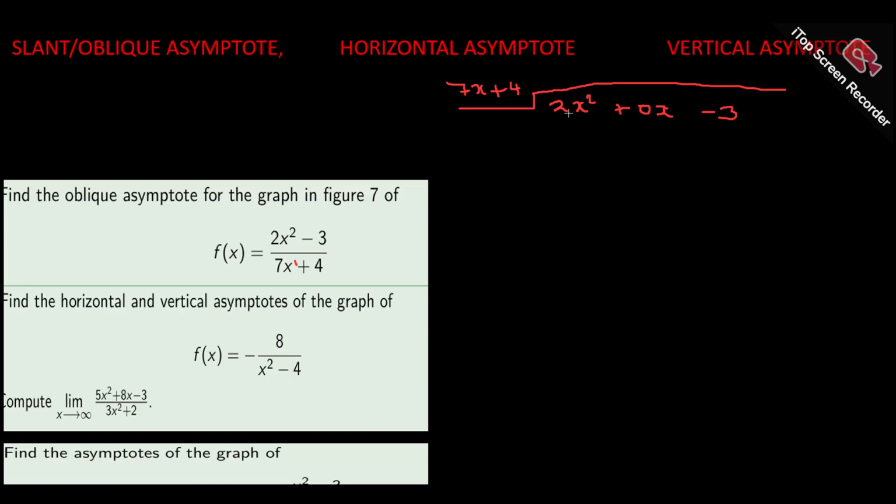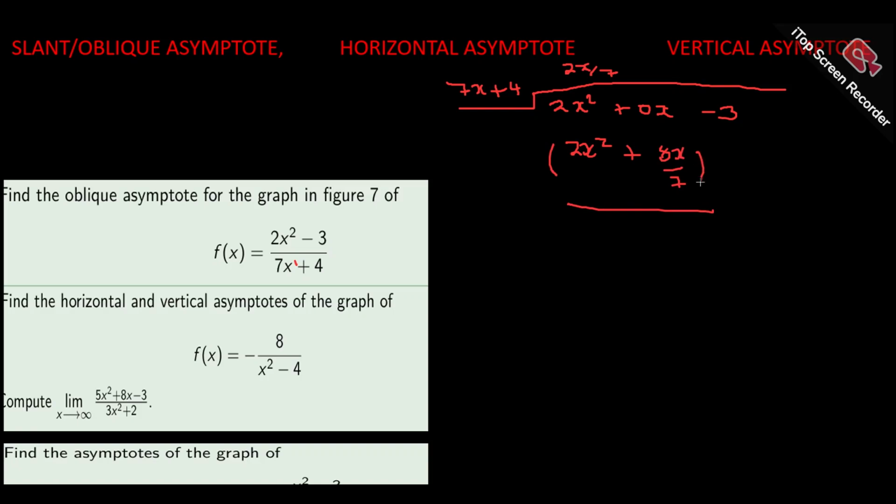Let's start dividing. What is 2x squared divided by 7x? That is 2x over 7. Multiply the same answer you have gotten times 7. That is 2x squared. Again times 4, we're going to have 8x over 7.